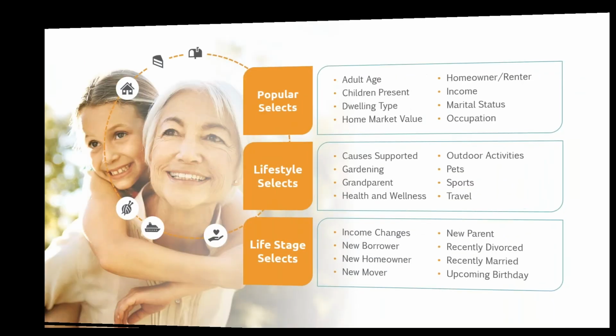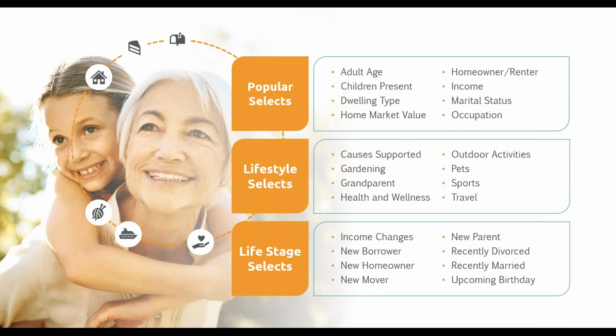All right, now from all of those sources that come together to create these consumer data lists, we then can glean certain attributes about that individual and put together certain selects that can help us target a little bit more. So one of the popular selects that a lot of clients will target based on is age.